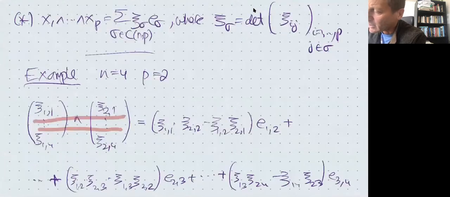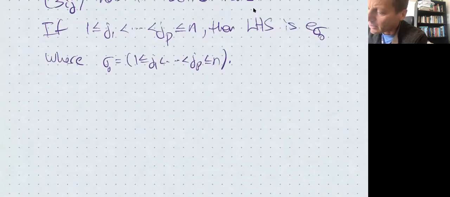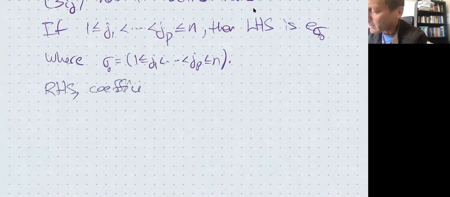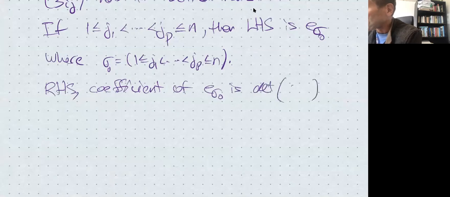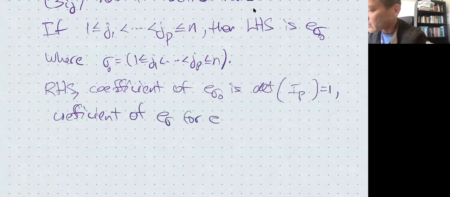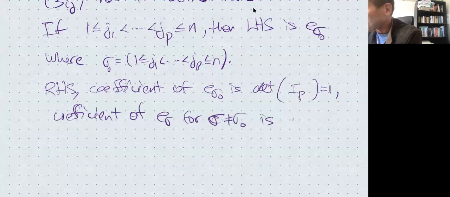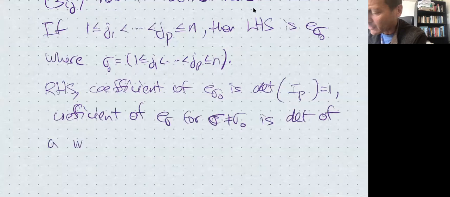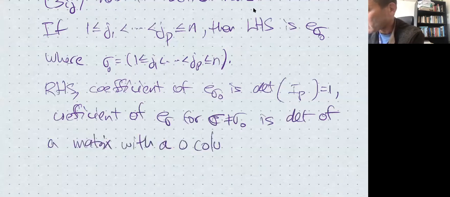So let me write that down. Left-hand side is E sigma 0. Right-hand side, the coefficient of E sigma 0 is the determinant of the p by p identity matrix, which is 1, and the coefficient of E sigma for sigma not equal to sigma 0 is the determinant of a matrix with a 0 column.